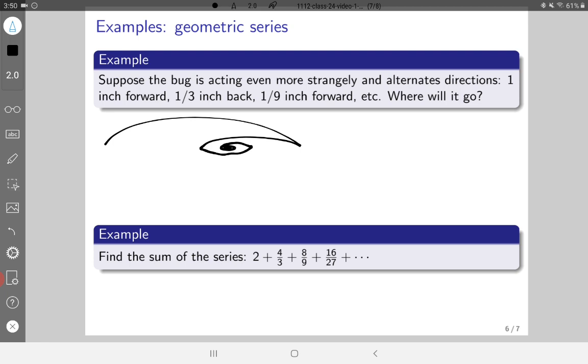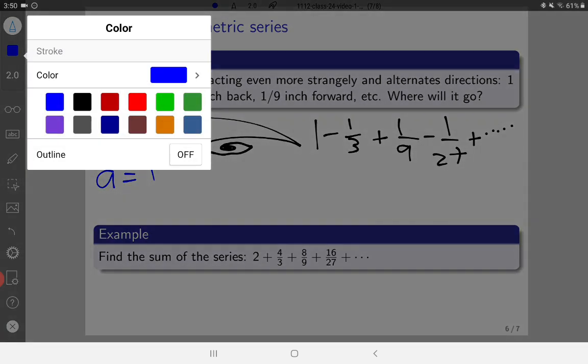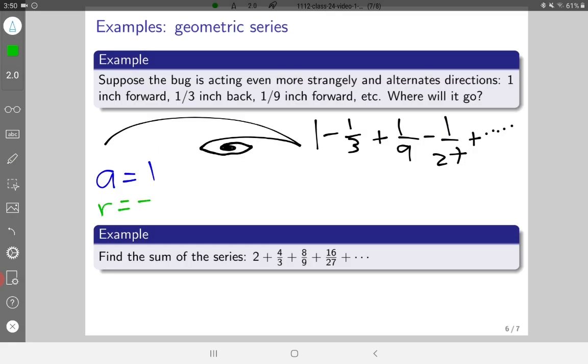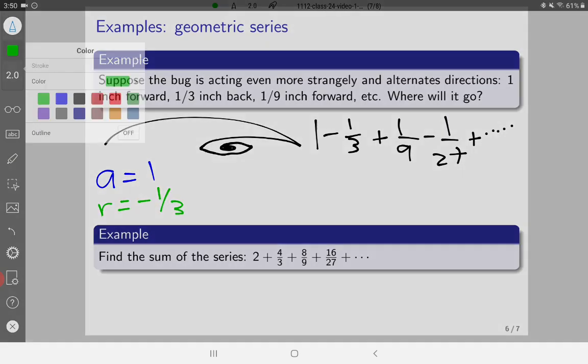But the idea is, what if I add 1 because it's going forward, then I subtract 1/3 because it's going backwards, and then I add 1/9 because it's going forwards, and then I subtract 1/27 because it's going backwards, and so on and so on. So really, I have a geometric series here where a is 1 and r is, this time, negative 1/3, not positive 1/3.